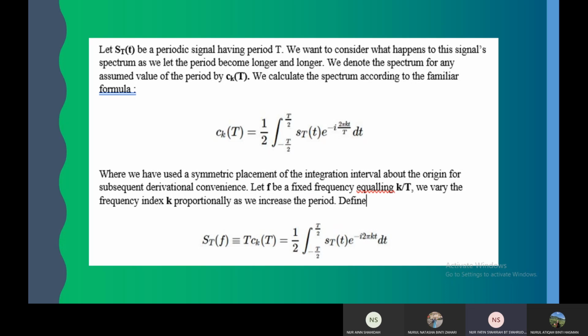So this is the formula, where we have used a symmetric placement of the integration interval about the origin for subsequent derivational convenience. Let f be a fixed frequency equaling k over T. We vary the frequency index k proportionally as we increase the period.